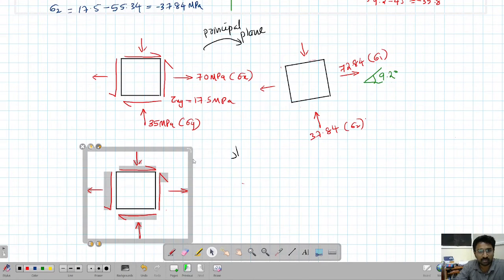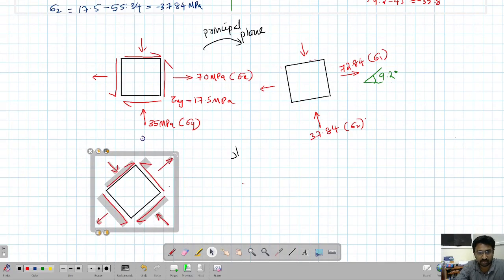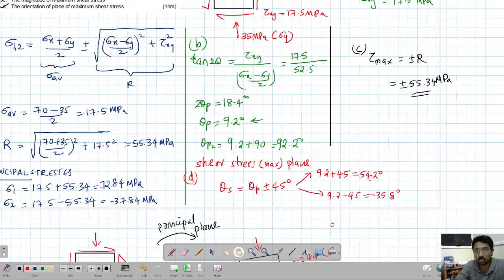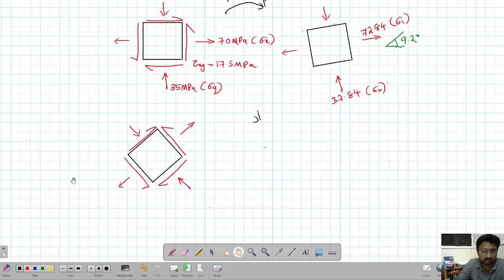So I will rotate by 54 degree. Something around like this, it may look like this. 54.2 degree is the rotation here. So when I rotate by 54.2 degree, I will get a set of stresses.